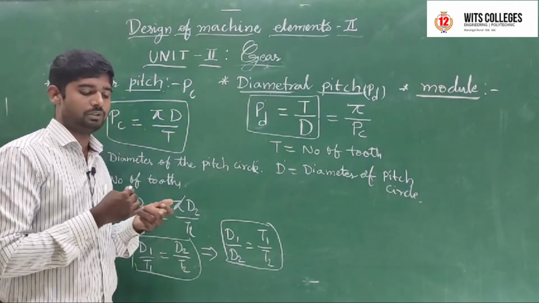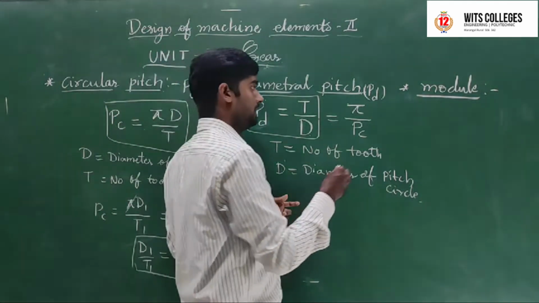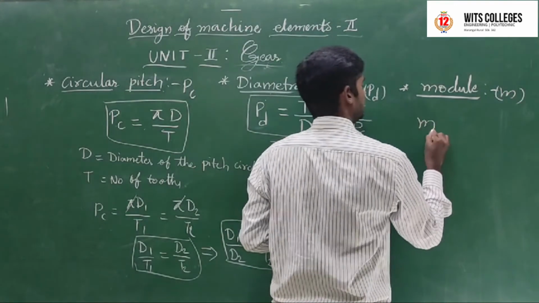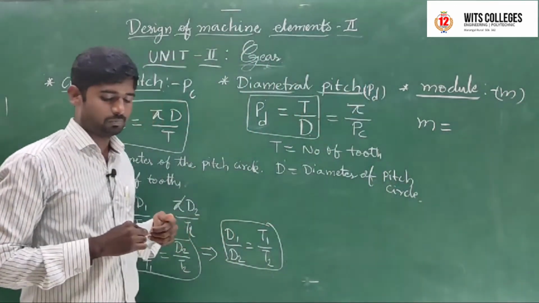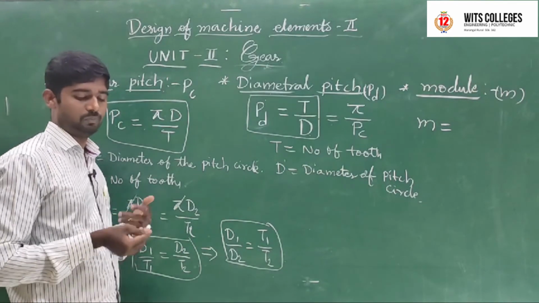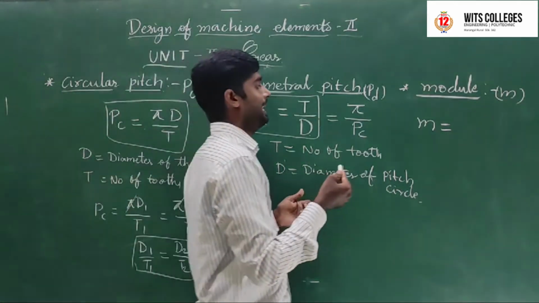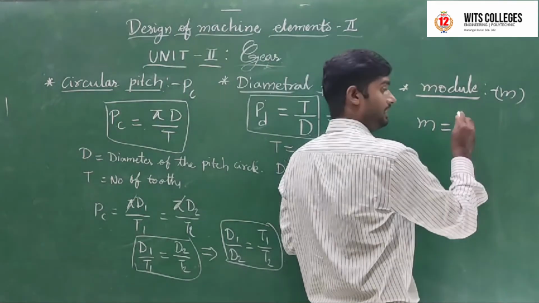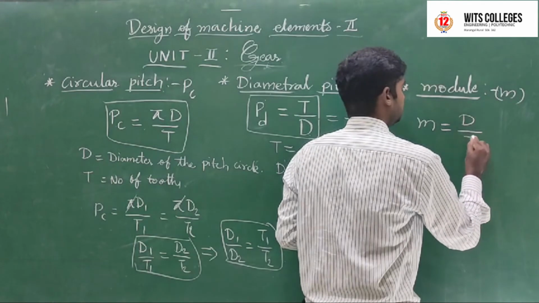Next, module. What is module? Module is denoted by small m. Small m is equal to D by T, the ratio of the diameter of the pitch circle and the number of teeth.